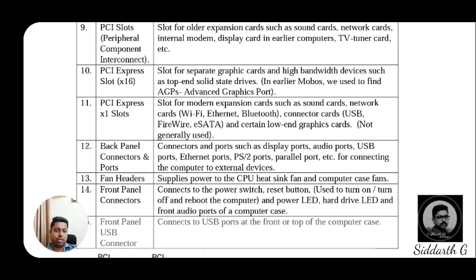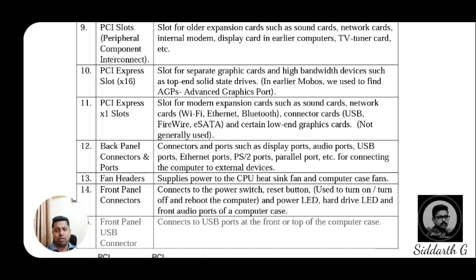Then back panel connectors. When you observe the back panel of the CPU, we have many connectors, very importantly USB ports, Universal Serial Bus, and also Ethernet ports. Ethernet ports are an older type of device used to connect to the internet. There are also serial and parallel ports used to connect external devices, and fan headers.